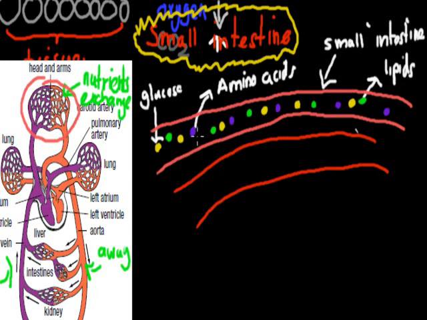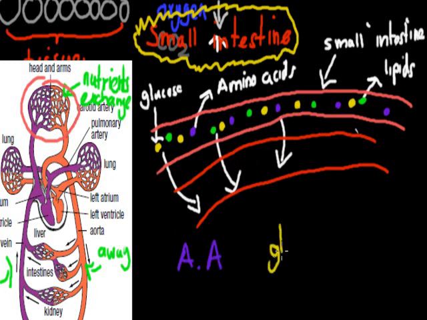As the small intestine passes the area of the blood, all of these diffuse over. So we've got glucose coming over into the blood, lipids and fats coming over, and amino acids coming over. When it comes to the chemical composition, I'm going to write A for amino acids, then glucose, and lipids.